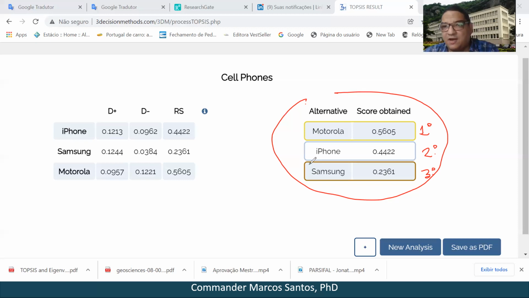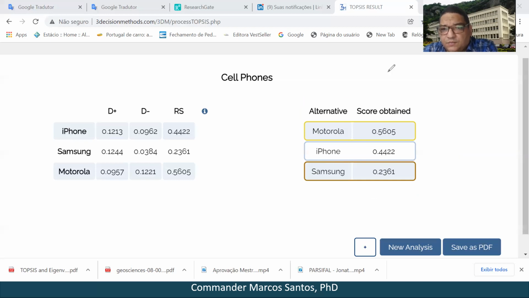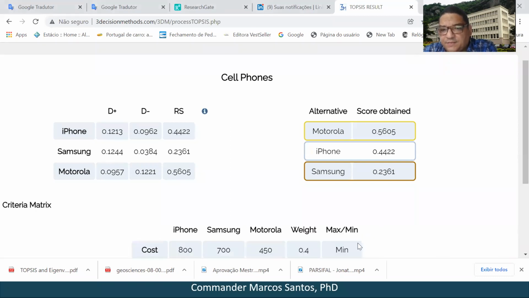So we developed this tool, this software, in my lab at the Military Institute of Engineering. Very simple, very amazing. You can see more details if you click on this plus symbol.